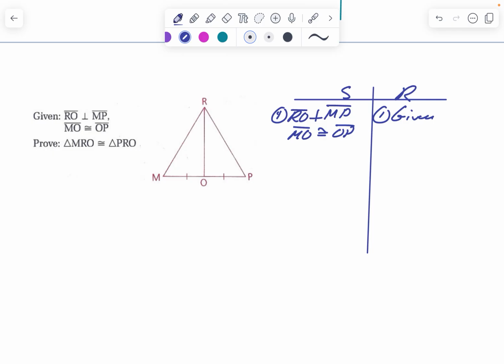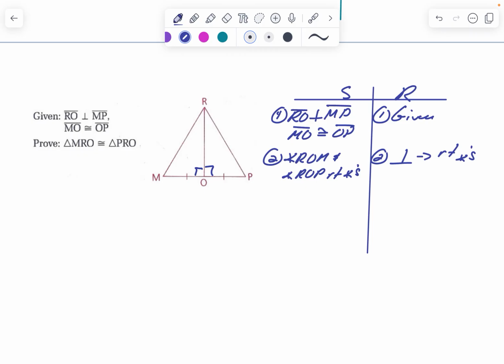So if RO is perpendicular to MP, we know that it makes right angles, right? Perpendicular means right angles. So we can say angle ROM and angle ROP, right angles.